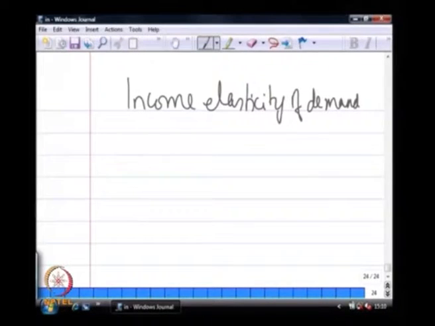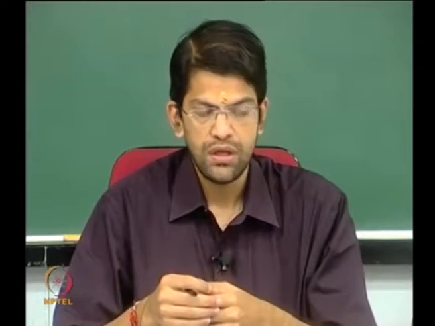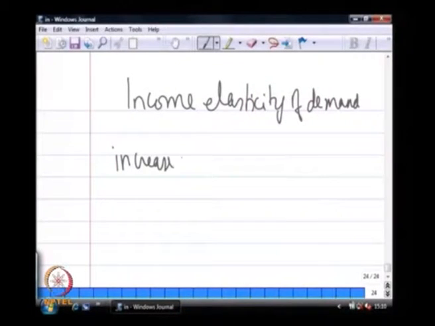What we saw before was, if price increases and income remains the same, then the demand will decrease. This is for the non-critical goods. Then it also follows that if there is an increase in income, demand tends to increase as well.